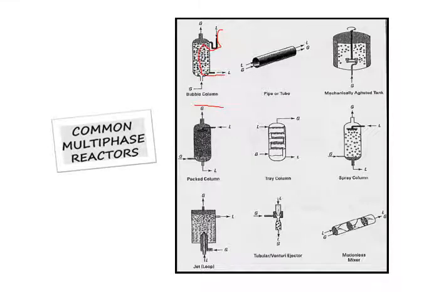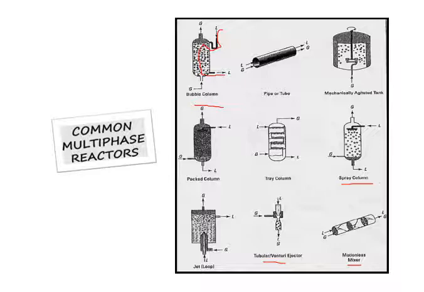This one is maybe just a tube reactor. This is the mechanically agitated tank, packed column, tray column, spray column, venturi ejector, motionless mixer.